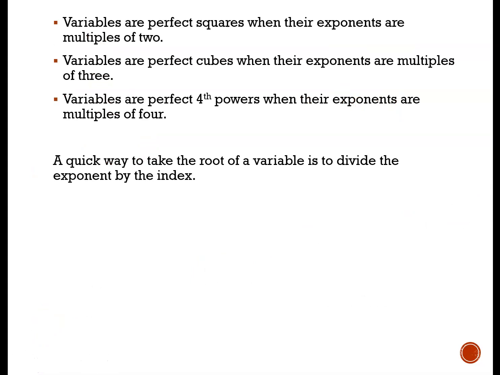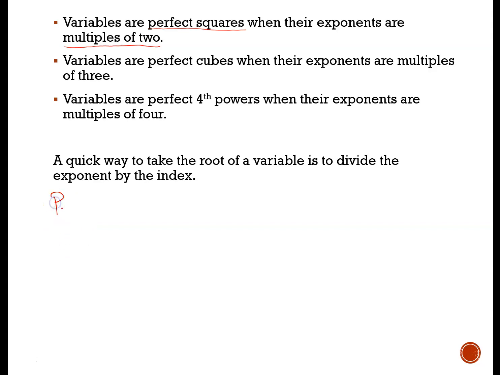Okay, the next thing we want to think about are variables. Variables are perfect squares when their exponents are multiples of 2. Perfect squares. So that would be like x squared, x to the 4th. Maybe we should label.